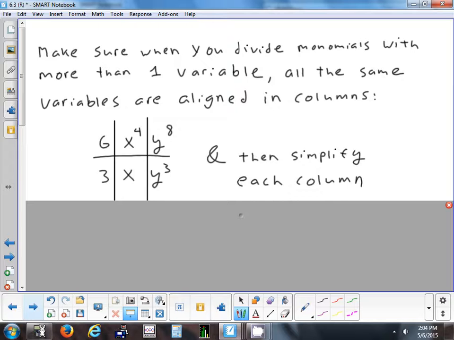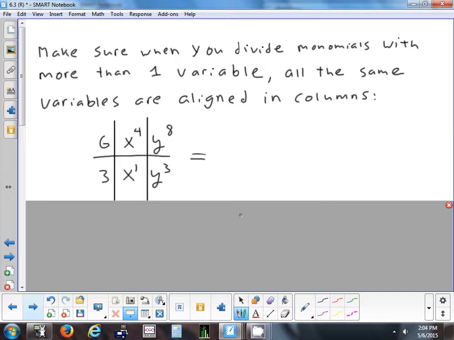Okay, so what exponent would be here, even though it's not written? 1. So we'd have to simplify that, and we've got to simplify the numbers. That's the easy part. Let's do this one. Now guys, again, this is just showing you this right now.